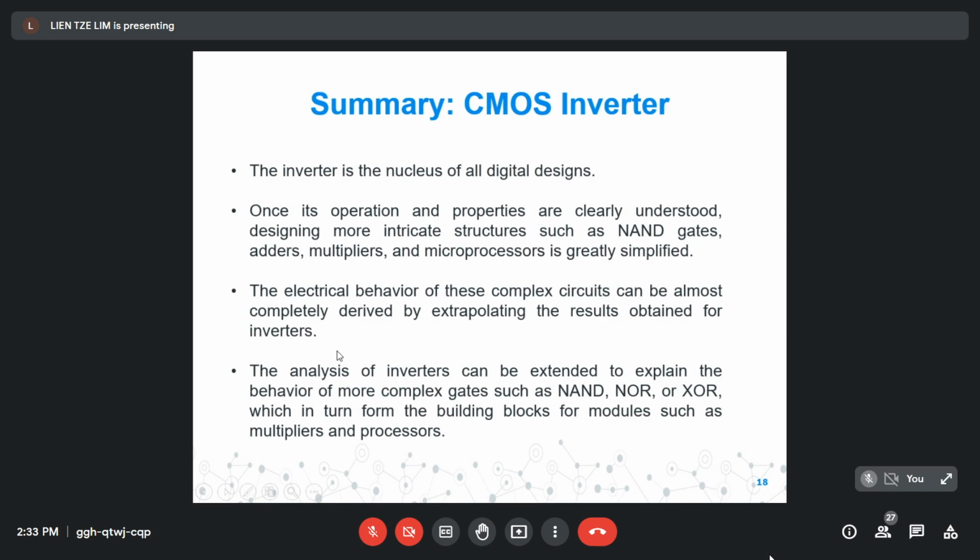So this is the end of the topic about the inverter. Next we will also have some more discussion on the inverter, but on the dynamic characteristic of the inverter. These two weeks I mentioned the static characteristic.